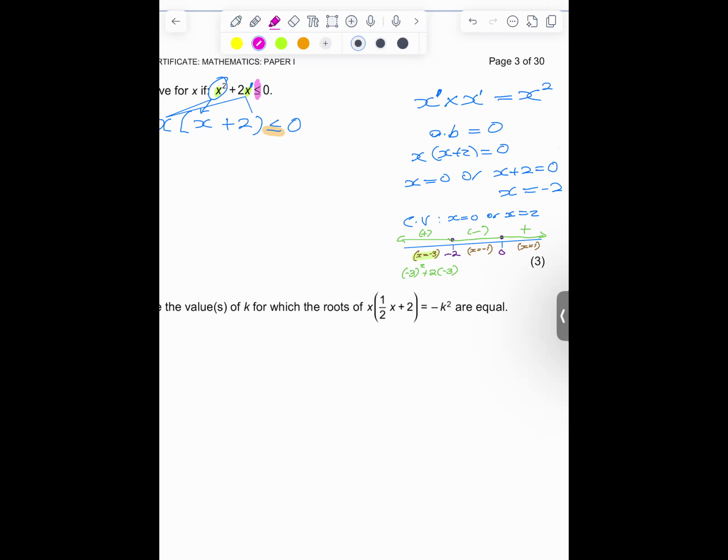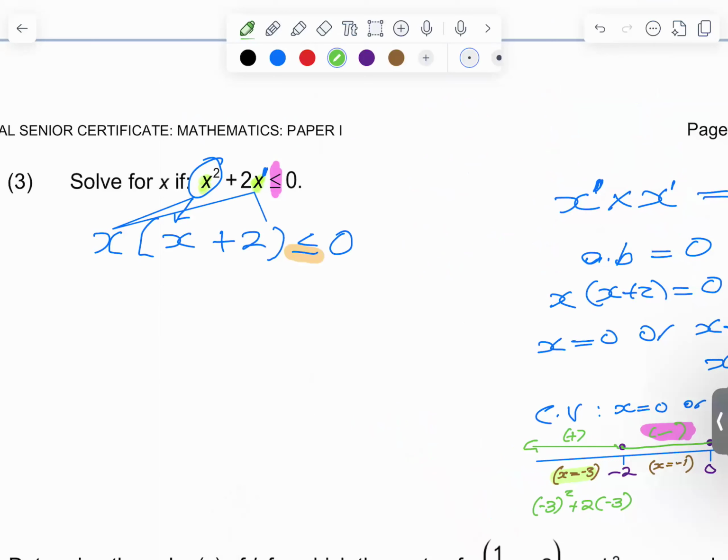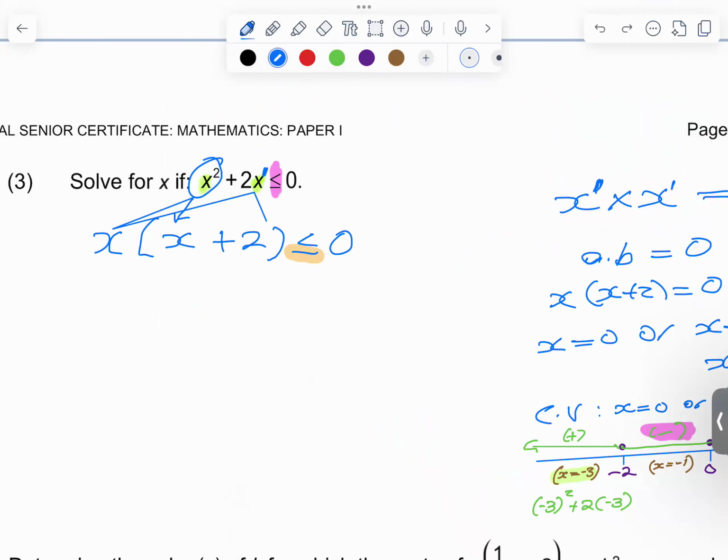And in this number line, that is between -2 and 0. It follows that for you to get values that are negative or equal to 0, the value of x must be less or equal to 0, and greater or equal to -2.